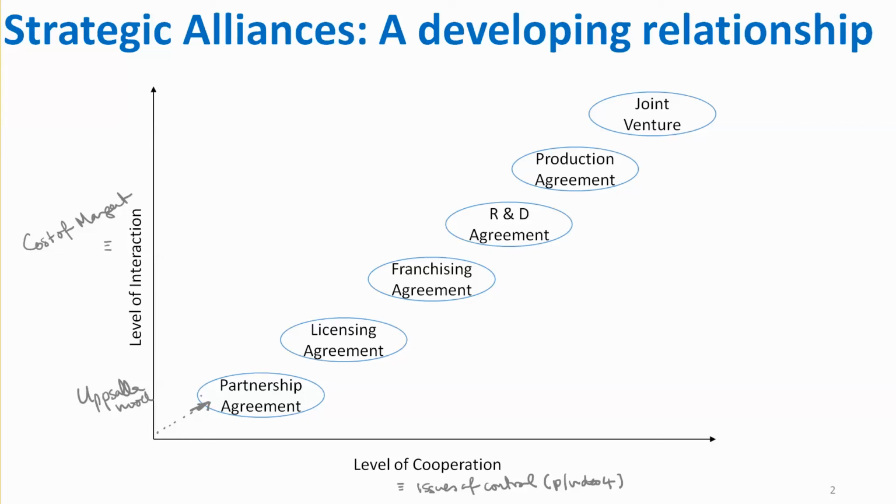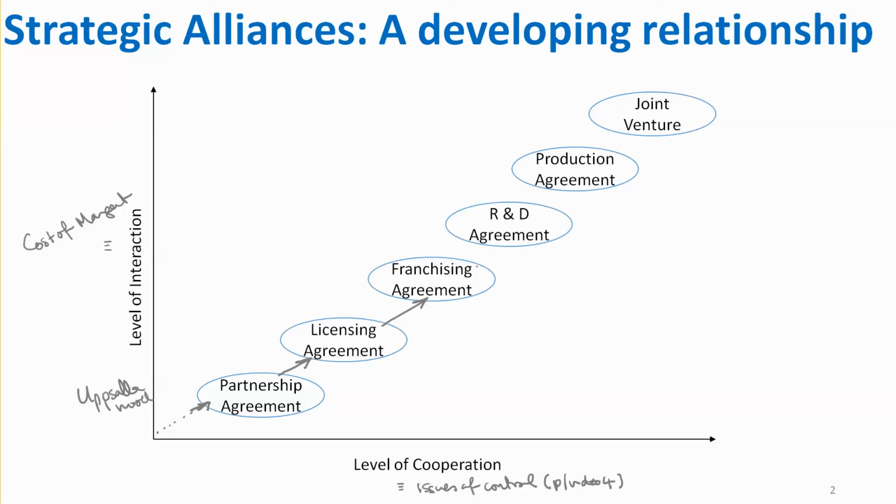Based on that experience, the relationship may move on to some kind of licensing where the level of cooperation has increased, but effectively there's some engagement, but it's basically left for the foreign partner to implement business through that licensing agreement. We can move on further towards franchising. And as just stated, you may want to remind yourself of the differences between licensing and franchising.